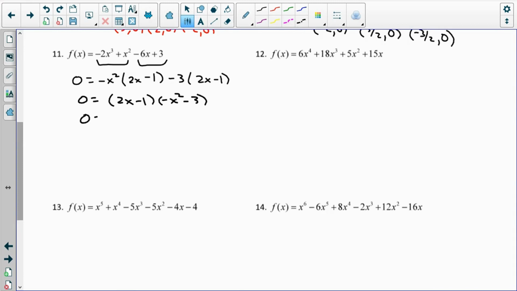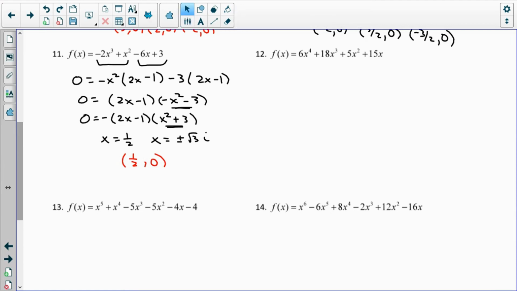I can pull out a negative 1 from this, so I have negative 1 times 2x minus 1, times x squared plus 3. So if I look at this, I get x equals 1/2, and x equals plus or minus the square root of 3i if I solve this one, but those aren't real x-intercepts, so I don't really have to write them as x-intercepts. So (1/2, 0) would be my answer.